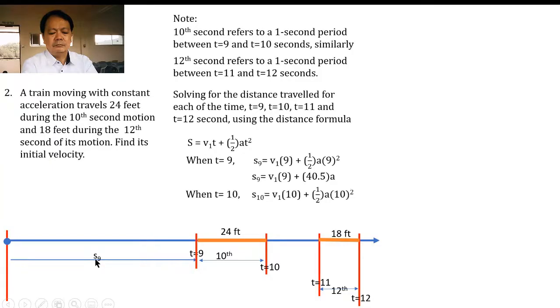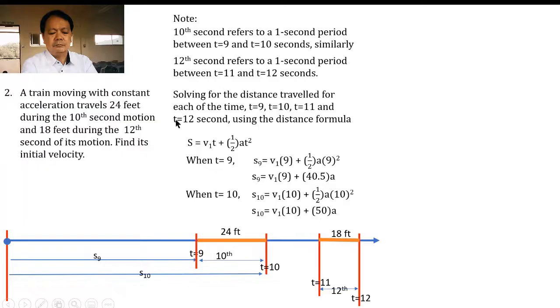Similarly, when t equals 10, pag substitute natin yan, S sub 10 becomes v sub 1 times 10 plus 1/2 times a times 10 squared. Ito naman yung distance na tinutukoy natin when t equals 10. And if this will be simplified, S sub 10 becomes 10 v sub 1 plus 50a, because 10 squared divided by 2 is equal to 50.